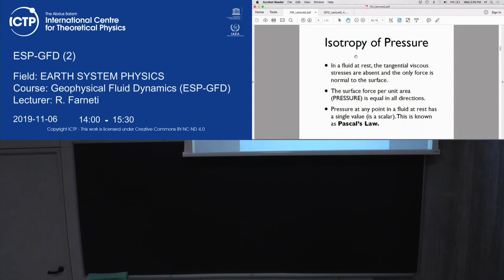So pressure doesn't have a preferred direction. Okay, so it's just a scalar. You don't have to specify the direction of the pressure, because it's just a scalar. Pressure at any point is independent of the direction as long as there are no shearing stresses.